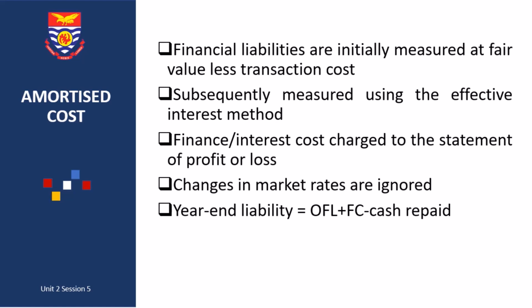So your year-end liability would be equal to the opening financial liability plus the finance cost minus the cash that is repaid, and the result will give us the year-end liability.